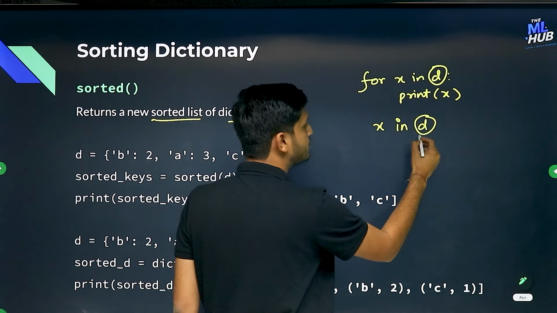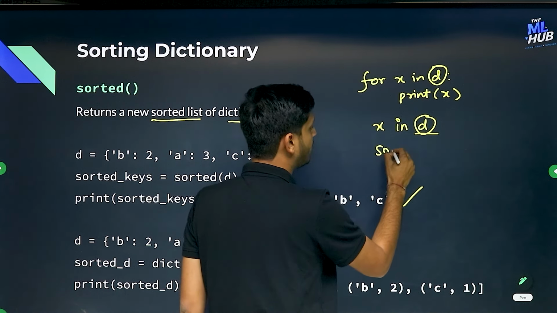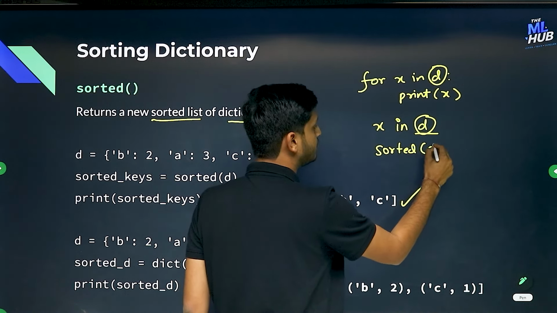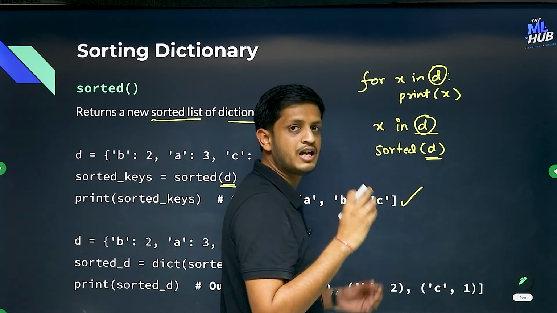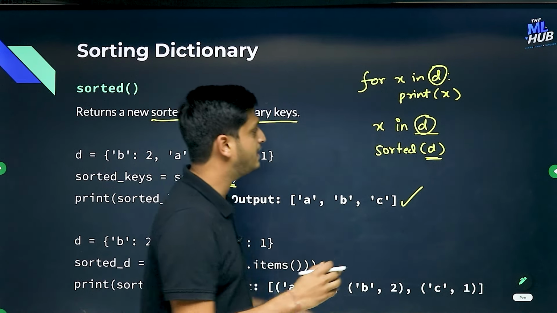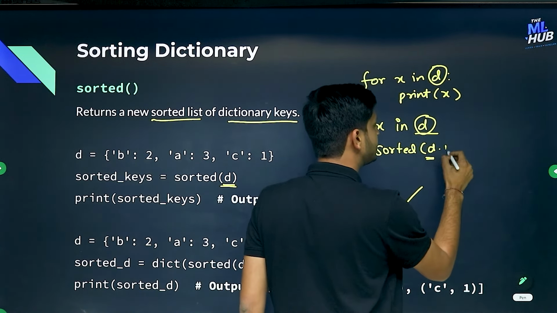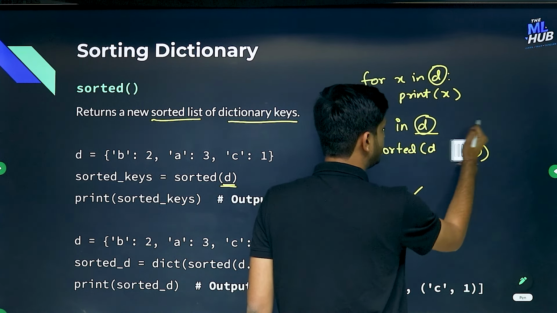So in membership also it will only check keys. And the same happens in sorted as well. If you pass a dictionary in the sorted function, D is an iterable and it only gives the keys. So the name of a dictionary by default is an iterable on keys only. So whether you write D or D dot keys, it's the same thing. Okay. So always keep this in mind.